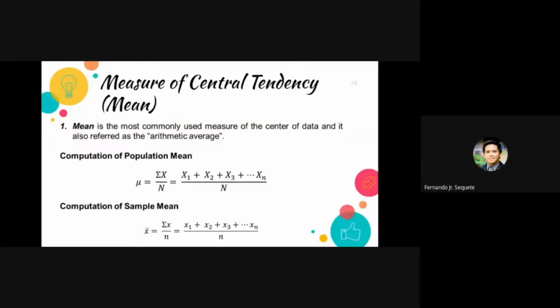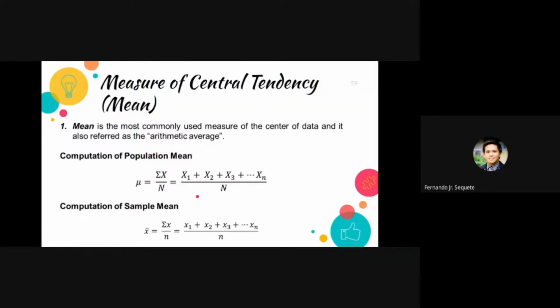So mean, according to here, is the most commonly used measure of the center of data, and it is also referred to as the arithmetic average. Okay, so when we say average, that is mean. We have here the formula to compute your population mean.